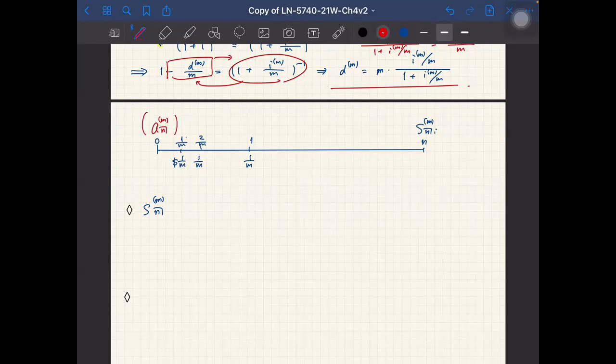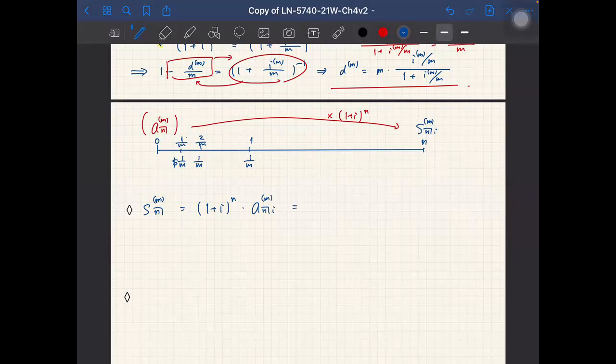But if we calculate the accumulated value, we have to multiply by 1 plus i to the power n. So s angle n superscript m is equal to 1 plus i to the nth power times a angle n superscript m.